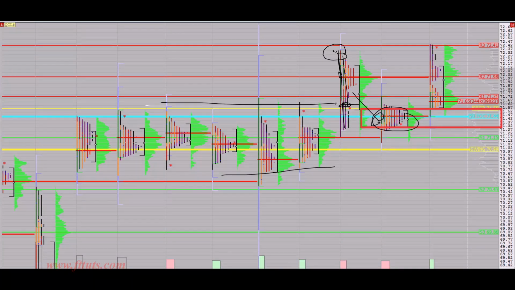So it attempted outside of that with overnight trade, and then during the RTH session it reverted back. In this case it actually helps because you probably weren't long from way down here. But notice that when we got back to where the break was, it still had good excursion back towards a prior point of control. Once it got back inside that range, it often does more in that direction.